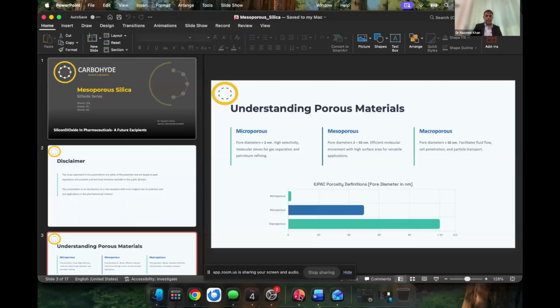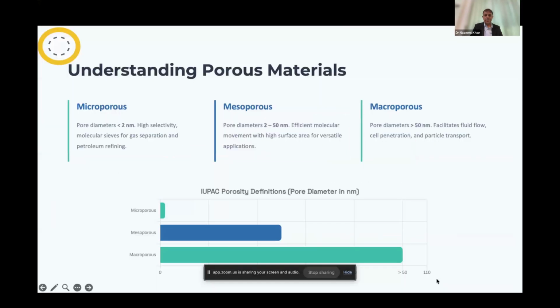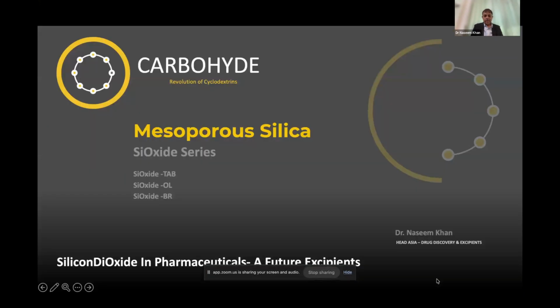So here is how it works. I'm going to share my screen here. Okay, it works. We can see.